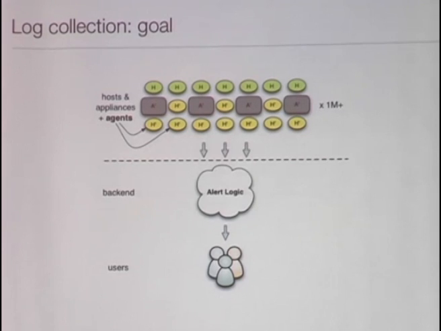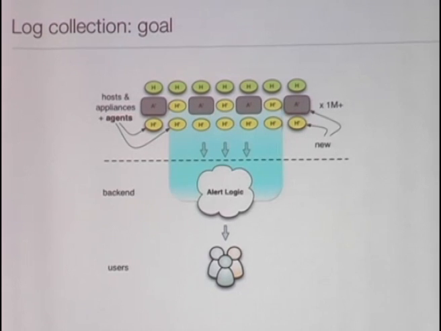The hosts at the top do not go away. We collect from them today as we did yesterday, so remote collection is still a very important use case. But we wanted to offer more flexible deployments and solve some of the management problems that we had. The new appliances are marked as A prime, and agents are in the yellow ovals marked as H prime. The rest of the system is pretty much the same.